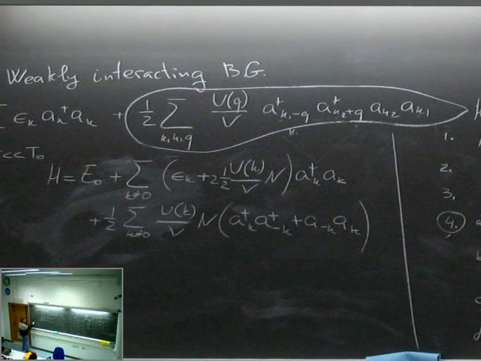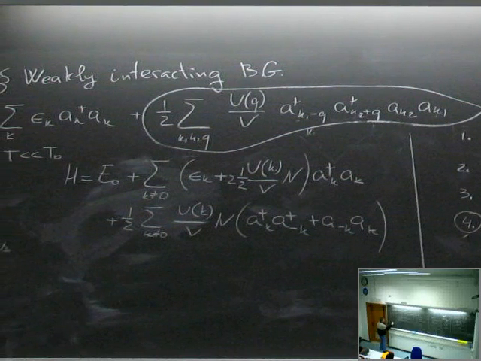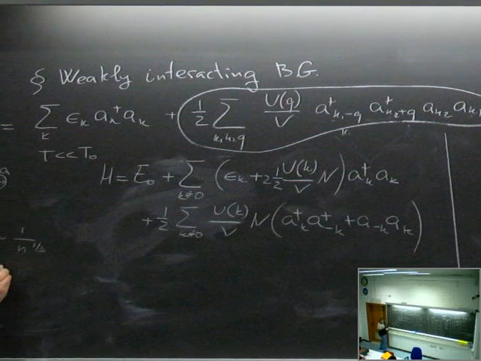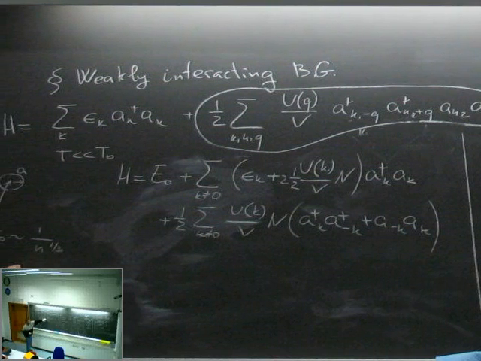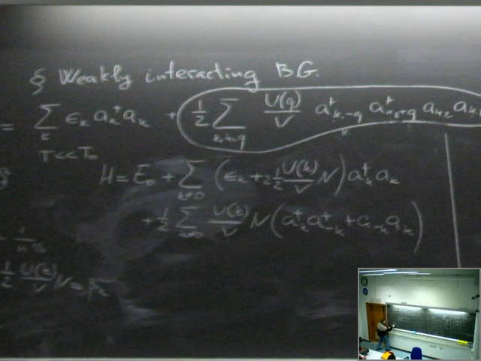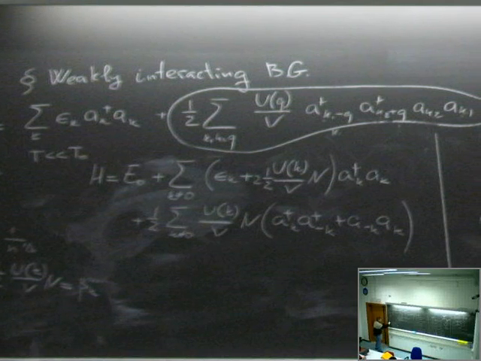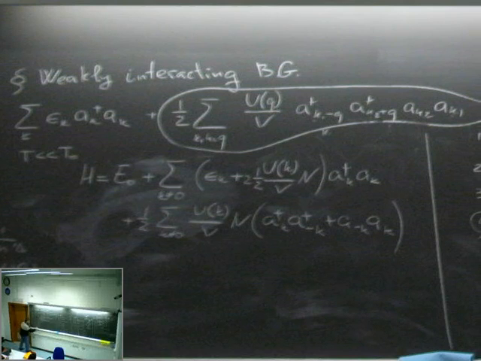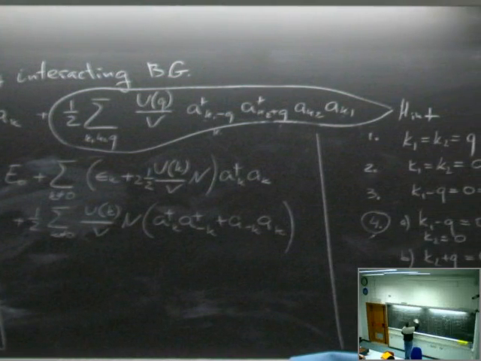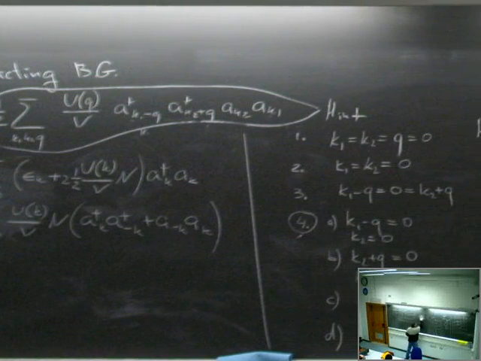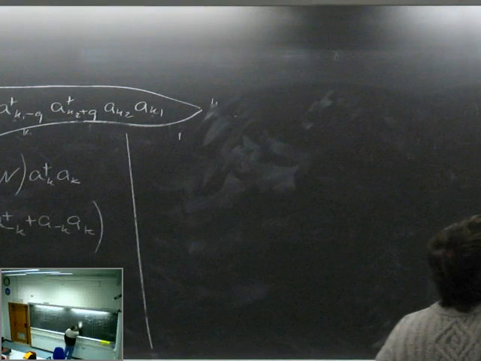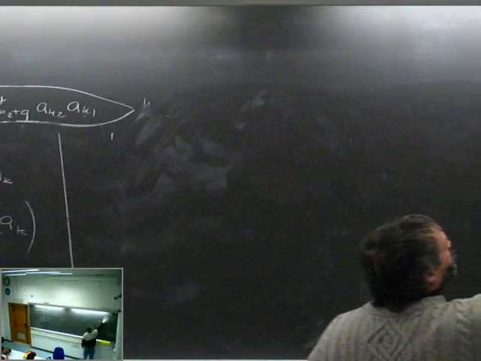Namely, I will denote 1/2 U K over V N as beta K. So it comes here and there, and I will denote epsilon K plus 2 times beta K as psi K. So we have a quadratic form, and we need to bring it to diagonal form.